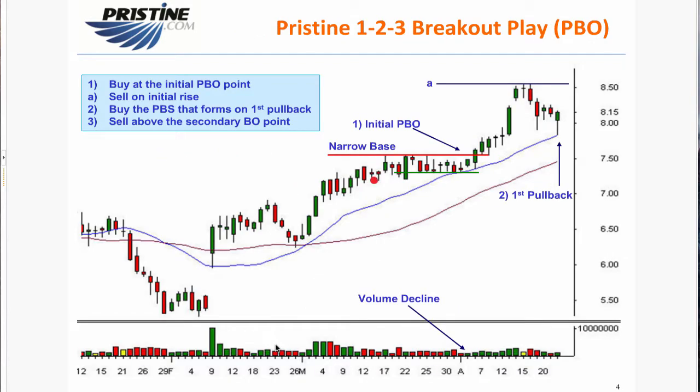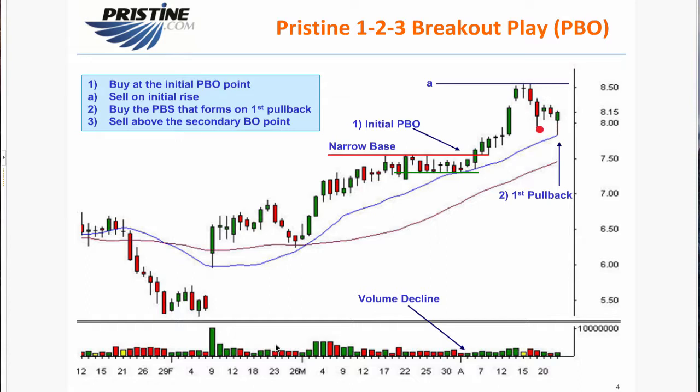So that's pretty much what you see here, right? This is already in an uptrend. You then have this sideways base followed by the initial breakout, which again, you can buy. And then as it pulls back, you get your first pullback where you could look to either re-enter or enter for the first time.